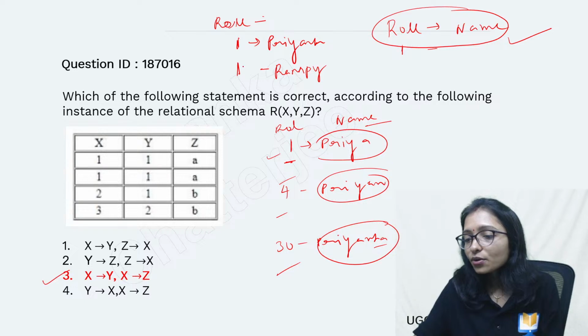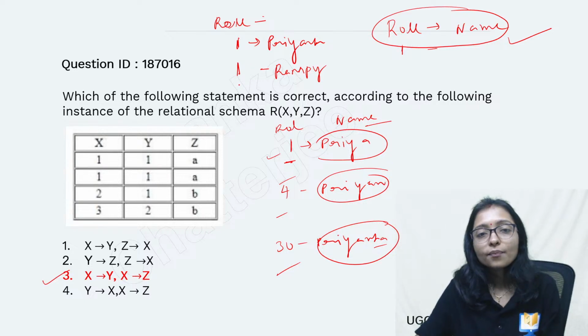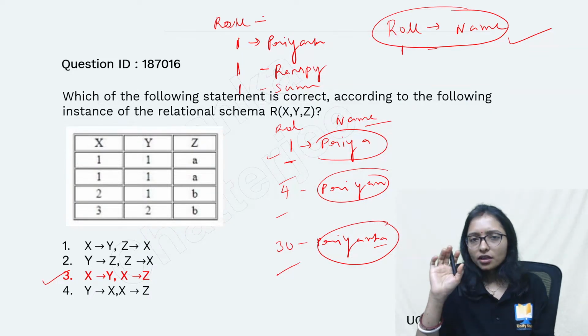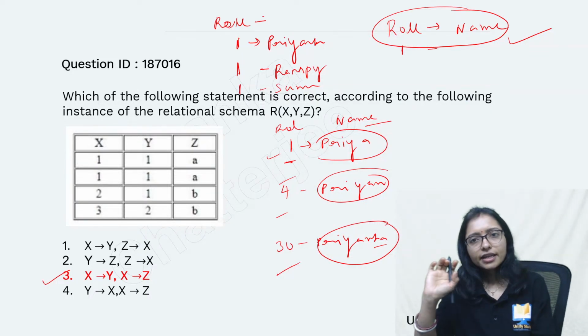Again I can tell you roll number 1 Susuma. Roll number 1 Susuma. Is this possible? Think it. This is never possible, right?